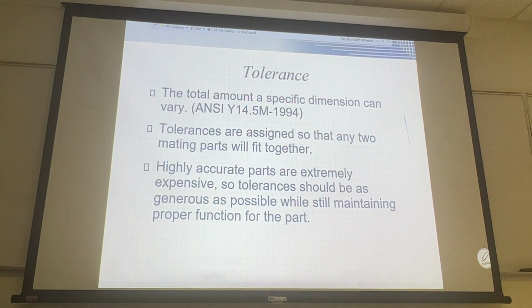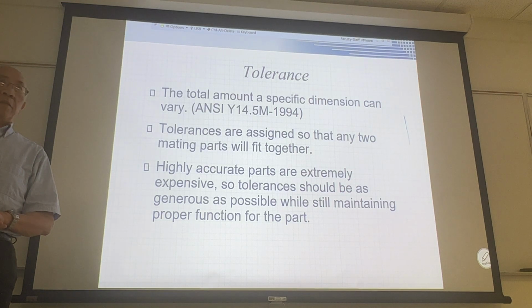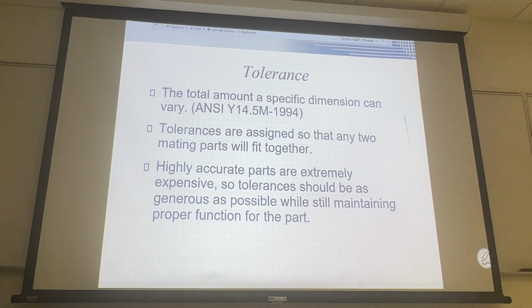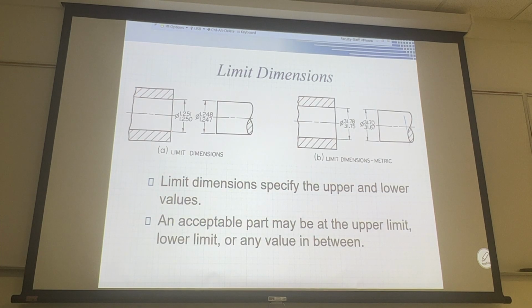Therefore, any real manufacturing drawing must specify a tolerance. There are two ways to specify tolerance. One is limit dimensions, where you give two numbers. If the diameter is between these two numbers, it is qualified; outside this range is not qualified.